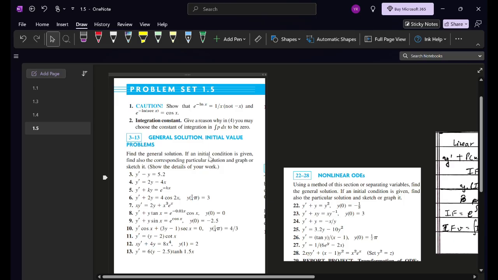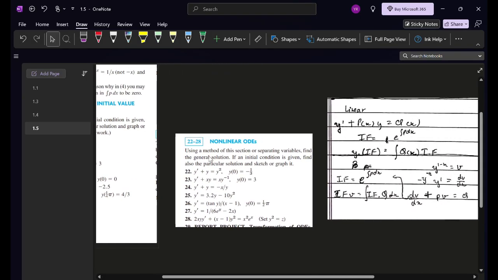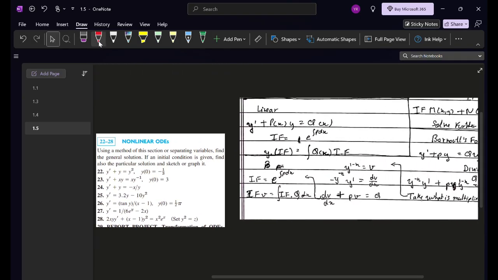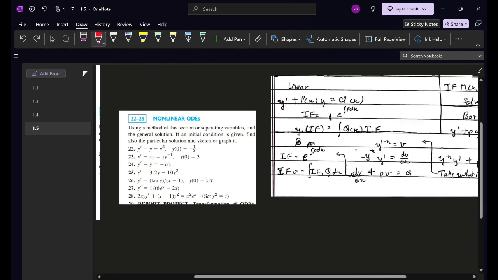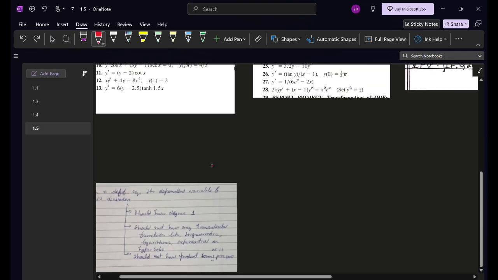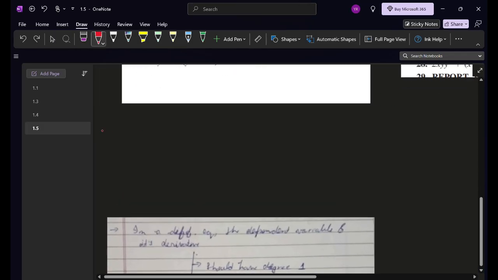A linear ODE is mostly represented in this type of equation: y' + p(x)y = q(x). Okay, so this is one way of representing it. I'm just going to write it over here.